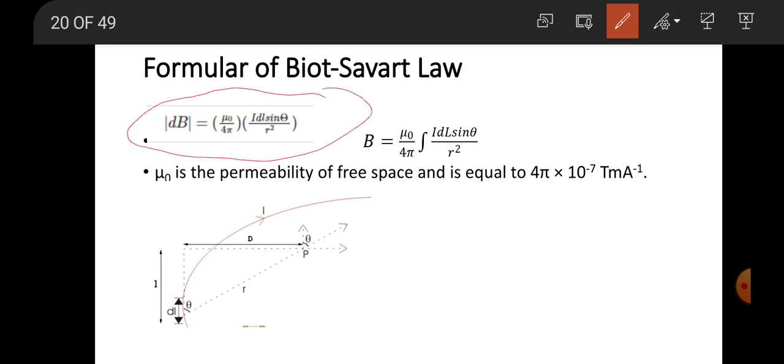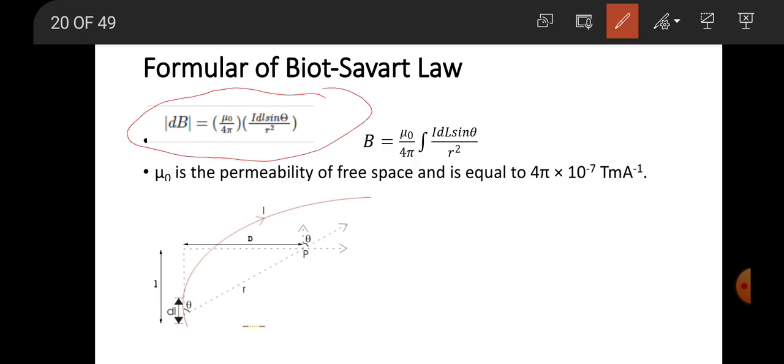That's B is equal to mu naught over 4 pi, which is the constant there. We have I dL. I there is current, dL there is length, and remember the I dL is the current element.